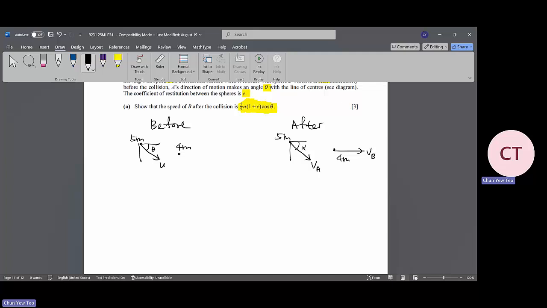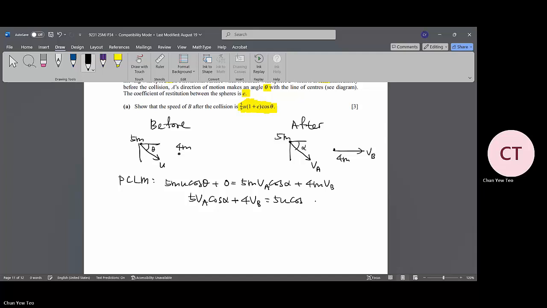Now we will consider the principle of conservation of linear momentum, PCLM. So we have 5m u cos theta plus 0 is equal to 5m VA cos alpha, and then plus 4m VB. Cancel the m, you get 5 VA cos alpha plus 4 VB is equal to 5u cos theta.